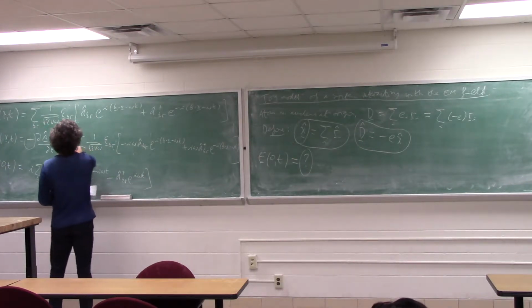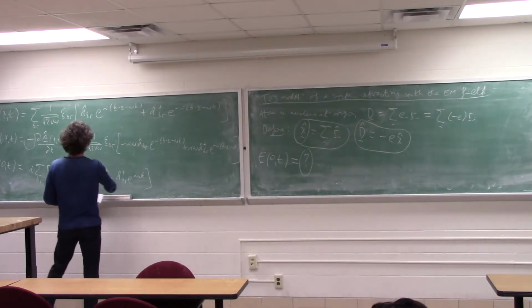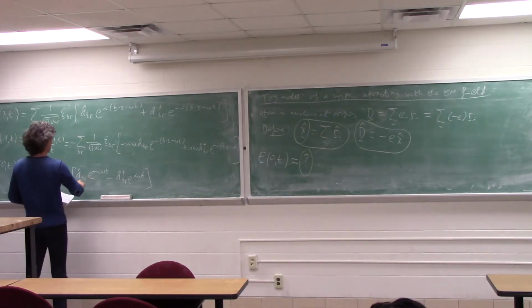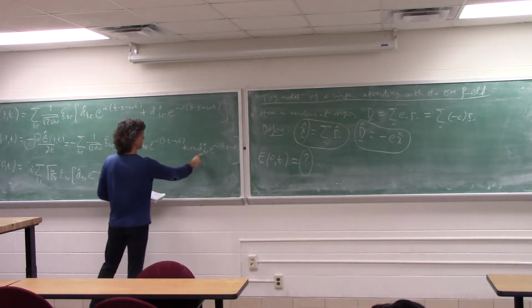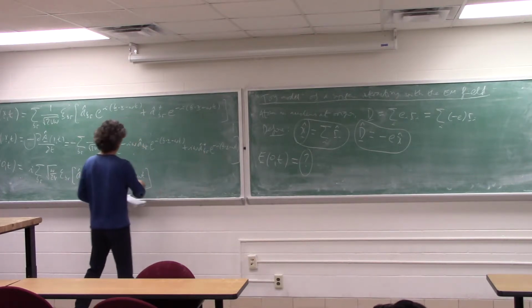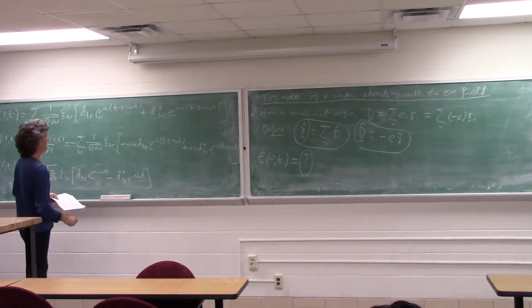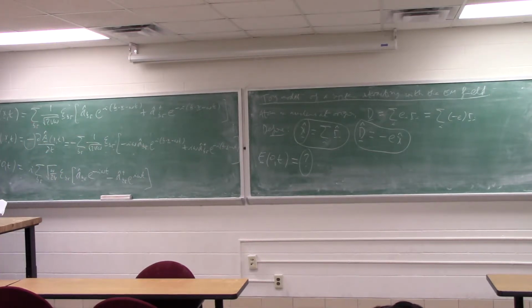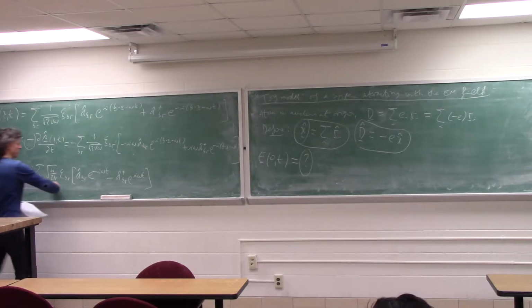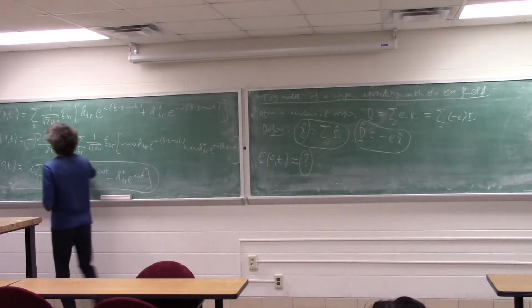So here's why I get a minus, so I get to take out an i, so I get a plus a hat e to the minus i omega t minus a hat dagger e to the plus i omega t and the omega root. Okay, that looks right.